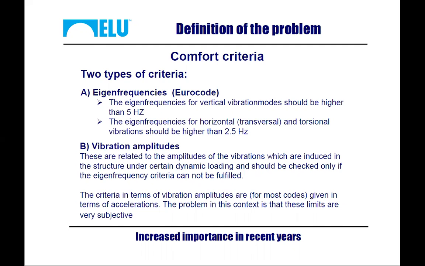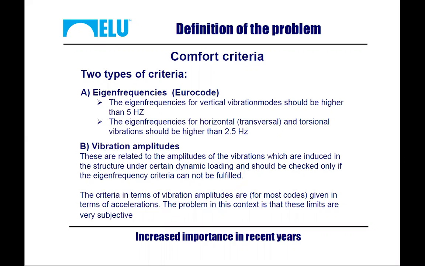These vibration amplitudes and the criteria expressed in terms of vibration amplitudes are for most of the codes given in terms of acceleration. Some codes will give these limits in velocities, but most of them will give the threshold values for the vibration amplitudes in acceleration.